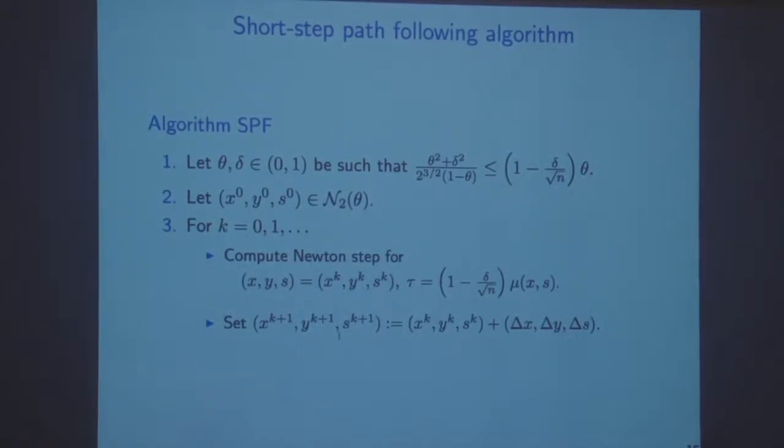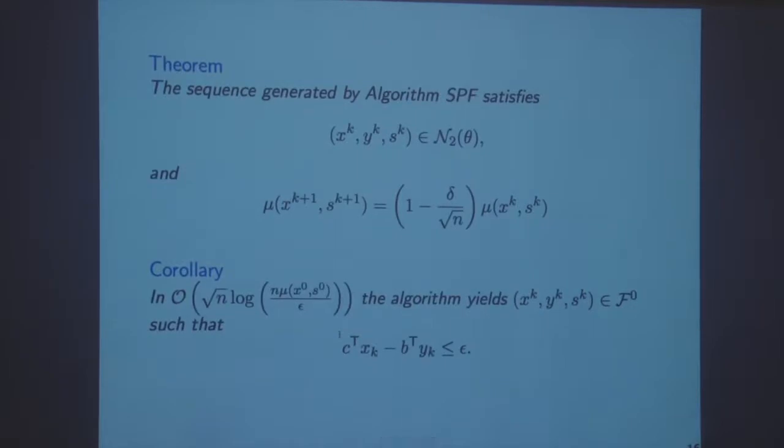There is no business here of outer and inner iterations as in the barrier method. We just apply one Newton step. We decrease tau, and we apply one Newton step. And then what is absolutely remarkable is that this will ensure that we stay in the neighborhood of the central path. And it will also ensure that mu is decreased by that factor, 1 minus delta over square root of n.